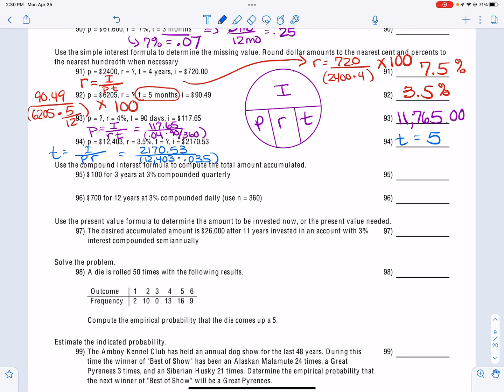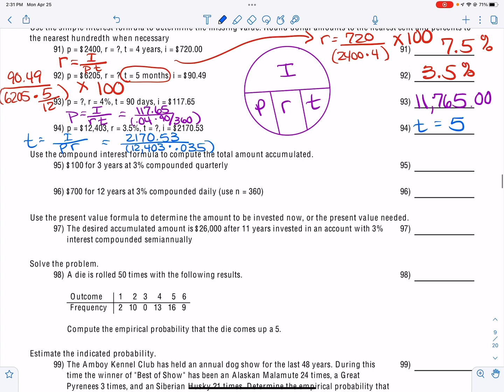All right, so now for compound interest, we are going to use this formula. The accumulated amount is your principal times 1 plus your rate divided by your compounding periods, raised to the n times t power. So I'm going to just write this formula out.